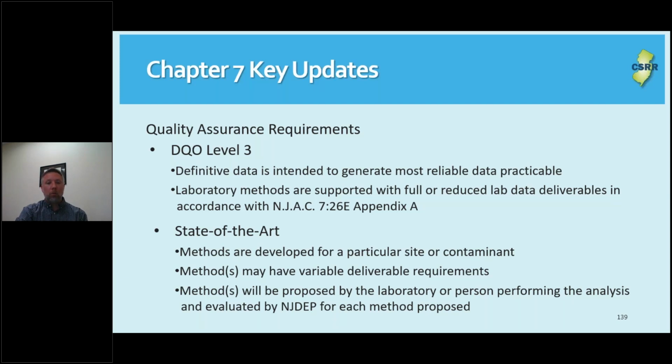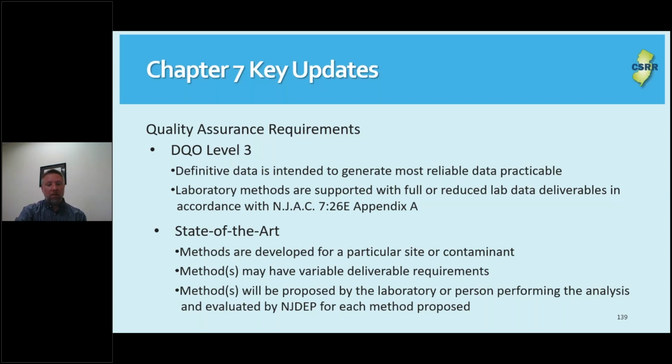But again, looking at what your intended use is, you may not necessarily need to do DQO level 3 for your initial stages of the project, but you do need to be cognizant about implementing data quality level 3 for post-remediation and submissions for your final remedial action report or closing out remediation areas definitively.